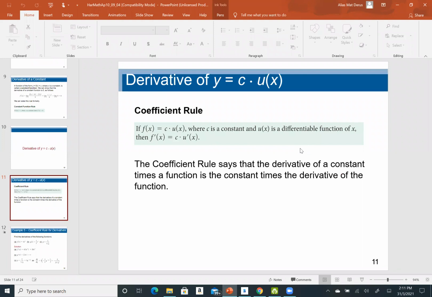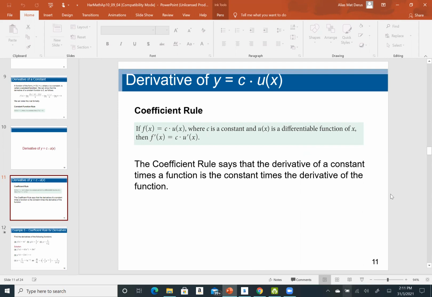Okay, you just read the rule and write it down. What is the rule? Okay, you describe the rule. How is the derivative being determined? The constant multiplied by the derivative.